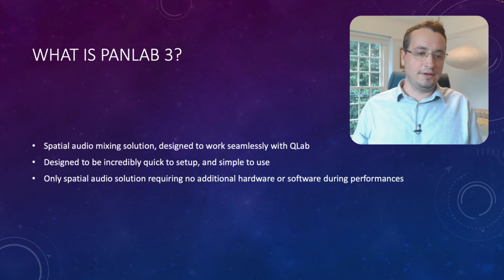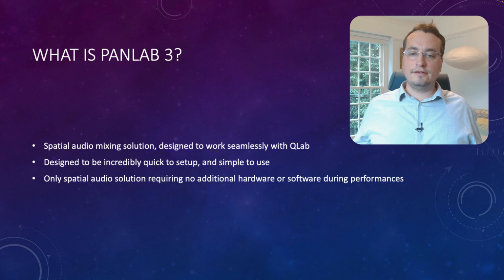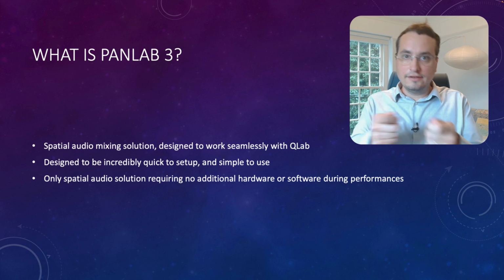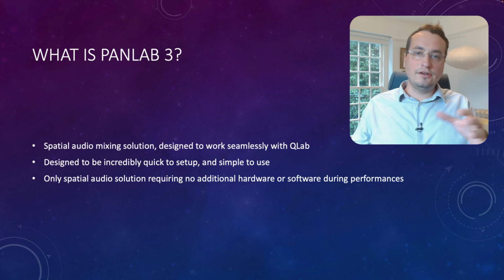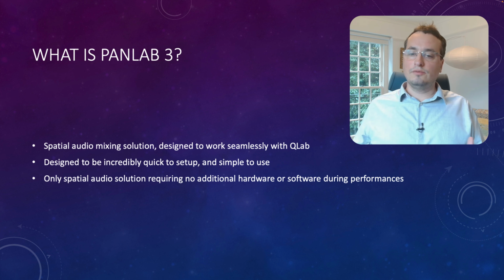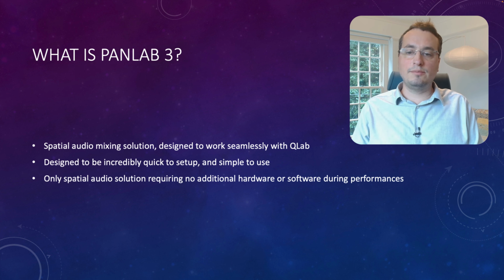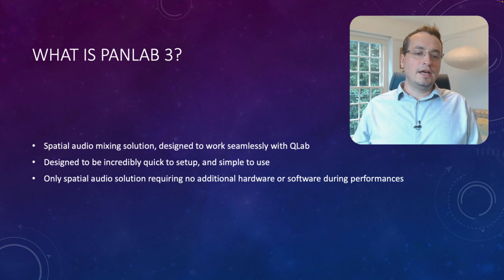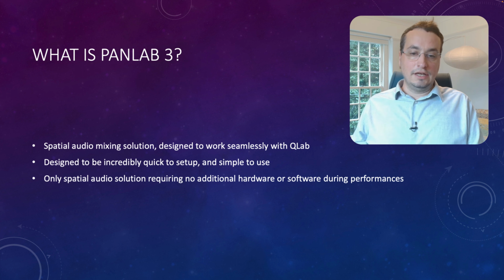So what is panLab 3? panLab 3 is our spatial audio solution that's designed to work with QLab. If you've designed sound with QLab, you'll be familiar with the little faders at the bottom of the screen, and that's how you distribute your audio around your sound system. I really wanted to work with spatial audio as a sound designer, and I worked with QLab as part of all of my sound design, so I wanted to add that functionality into QLab.